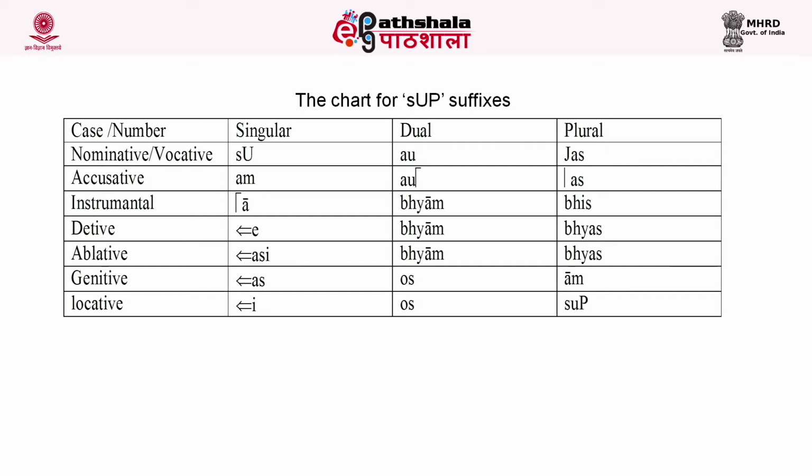Most of the words belong to a particular gender on the basis of their endings or on a rather arbitrary basis. Note that words in Sanskrit must be learnt with their proper gender.